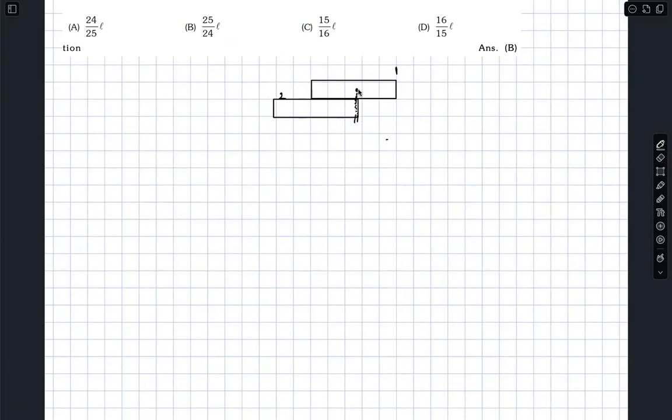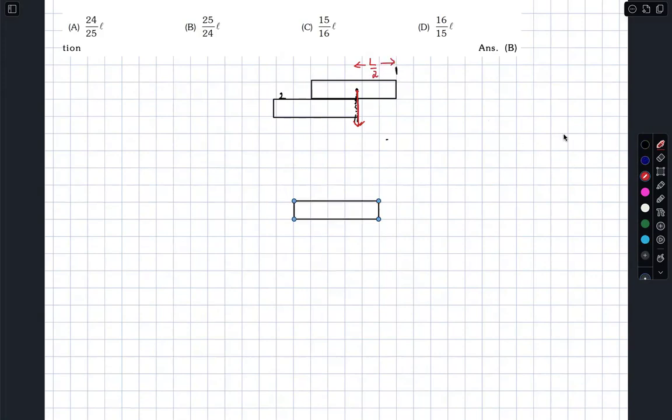If this end is slightly to the right of the edge of 2, it will topple. So we should avoid toppling. That's the condition, which means it is from this end at a distance of L by 2.